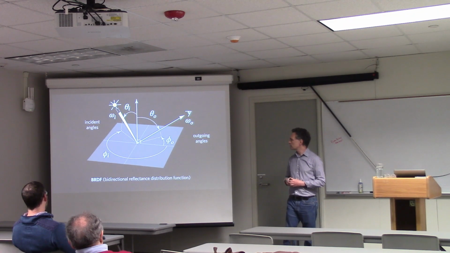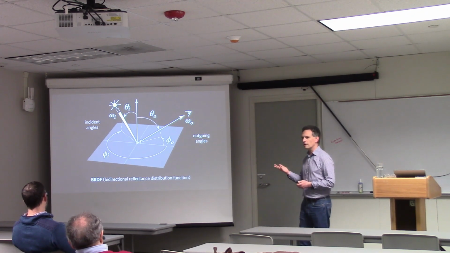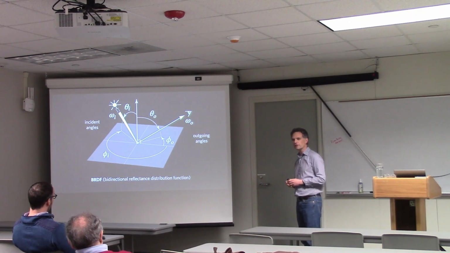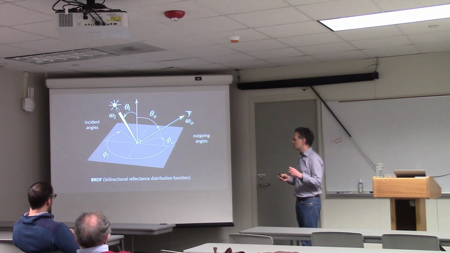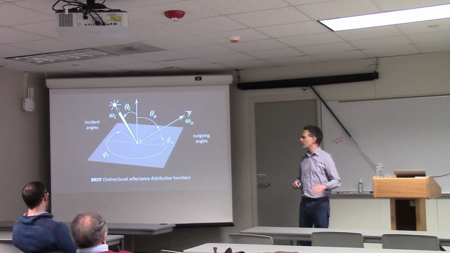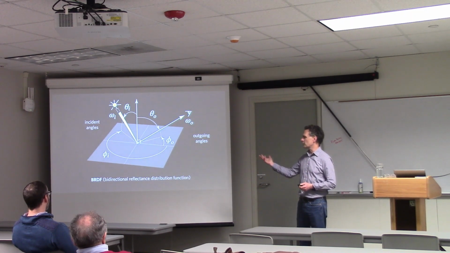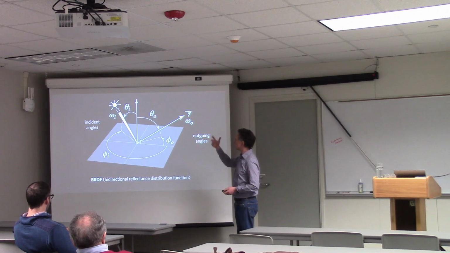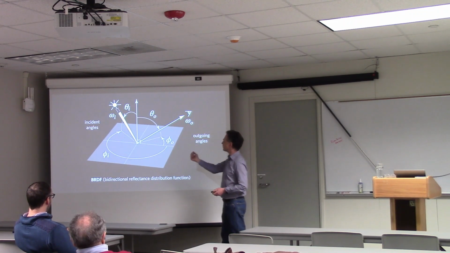The function that we use to describe the material classically is called the BRDF, which stands for bidirectional reflectance distribution function. If I have a surface that is homogeneous across the surface and is going to reflect in the same way everywhere, then I just need one such function to describe the whole thing. The BRDF is a function of 2 directions. That's why it's called bidirectional.